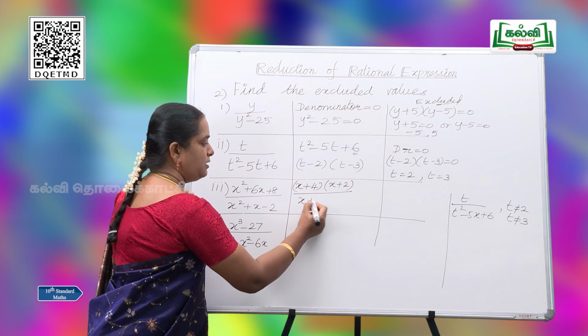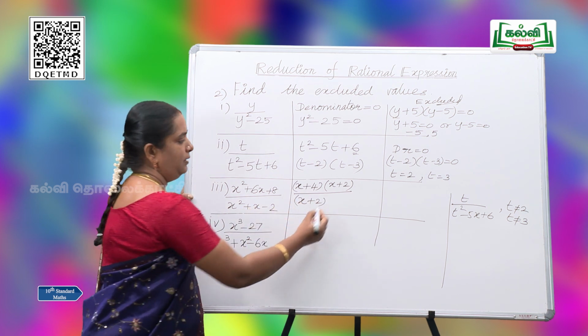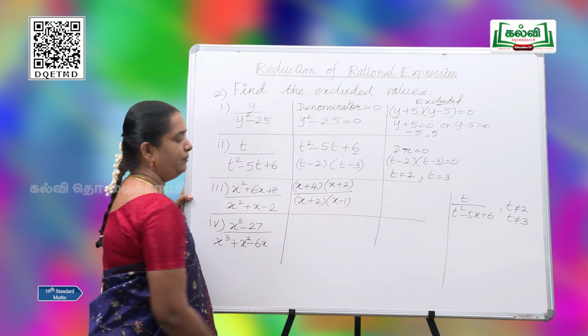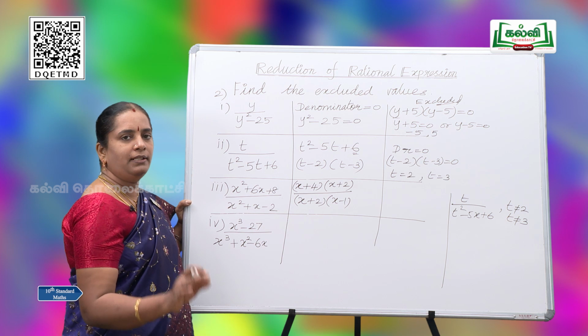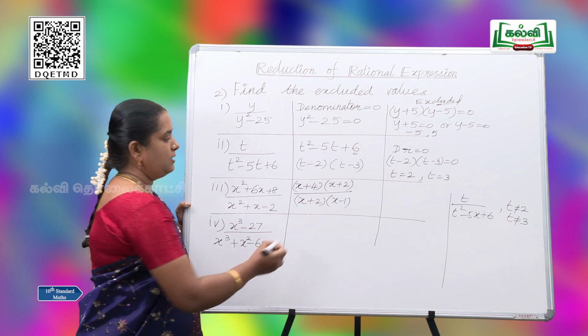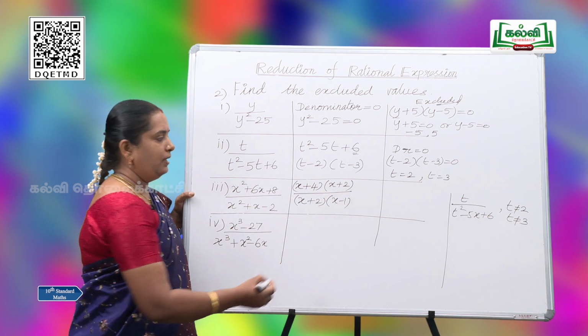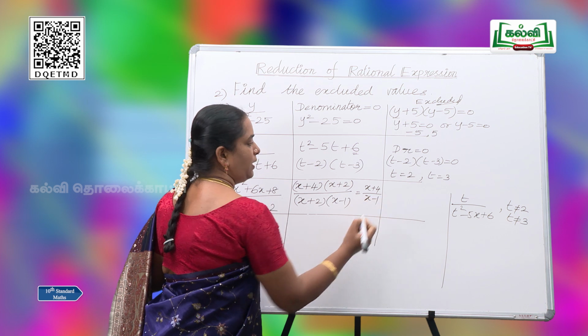So, (x plus 2), that is, this sign should be given to the larger number, and (x minus 1). So, we can cancel these two. After having the reduced form, we go to the excluded value. So, we reduce by cancelling and arrive at (x plus 4) by (x minus 1).